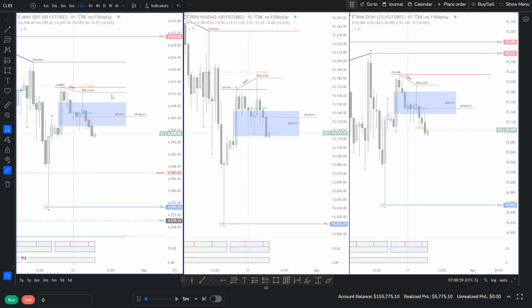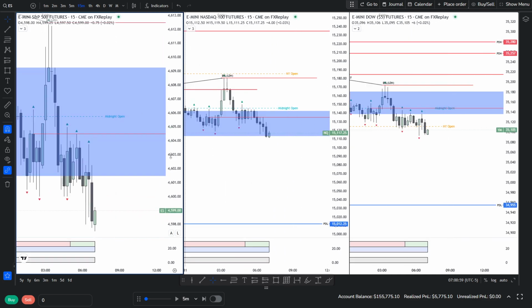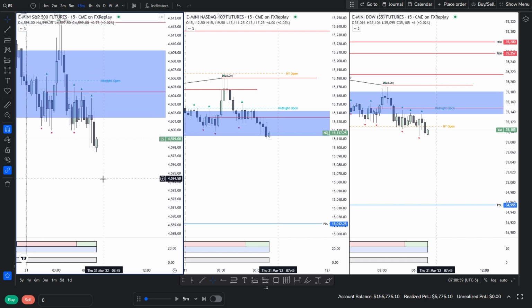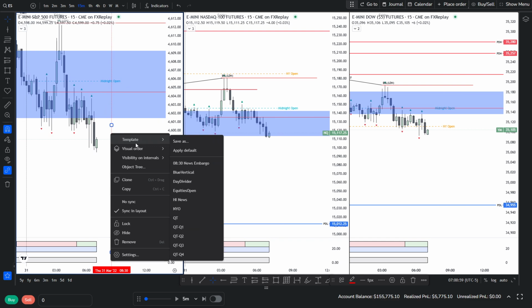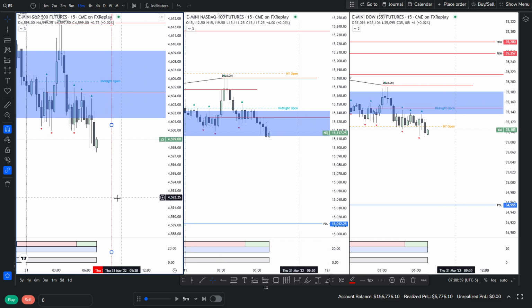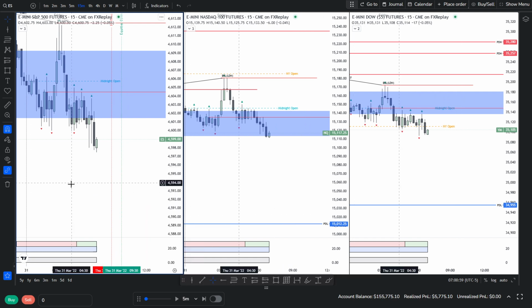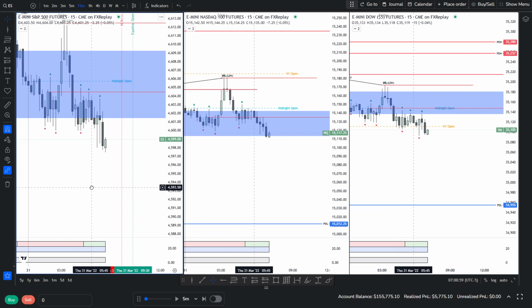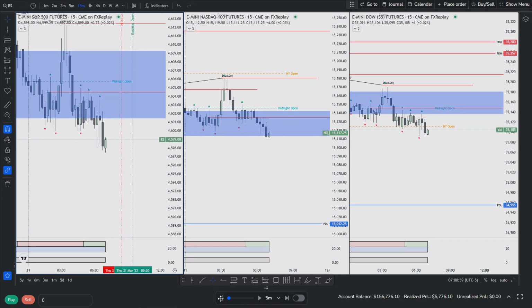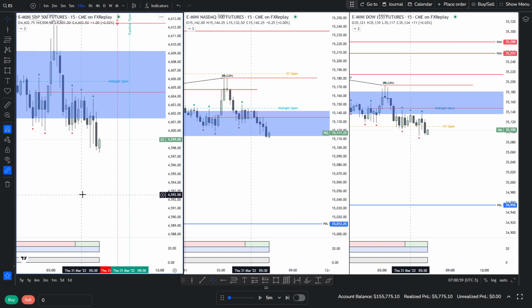Let's drop down to the 15 and just tidy up some of our levels, or some of our time. Okay. And then we want equities. Okay. There we go. So we're going to stick on the M5 for now till we get to the news, which is at 8:30.